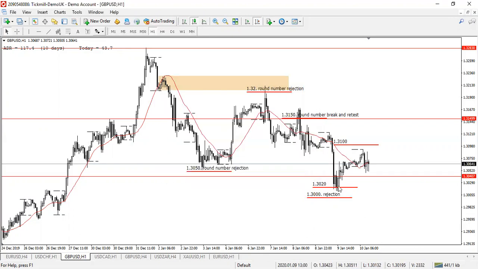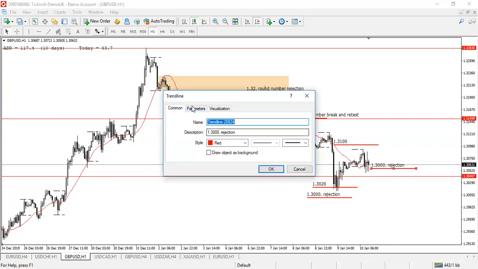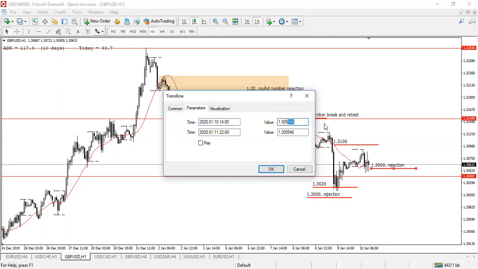And then see, price pushed up into this area here. This is the 3050 area. This is what, guys? This is break and test.